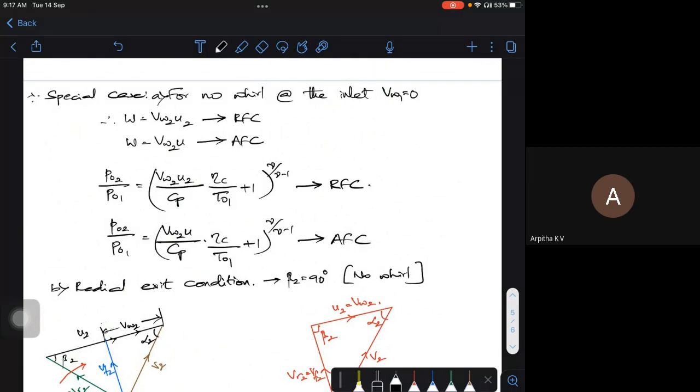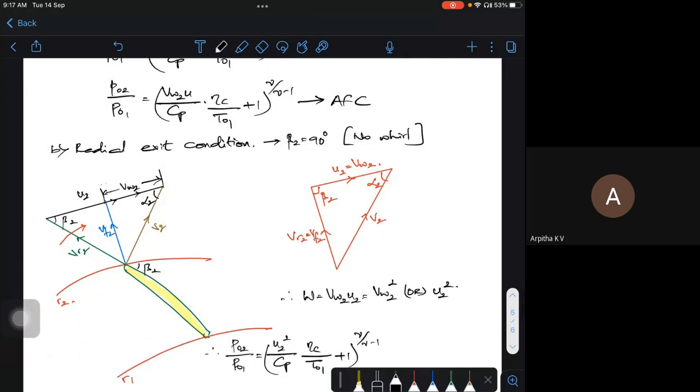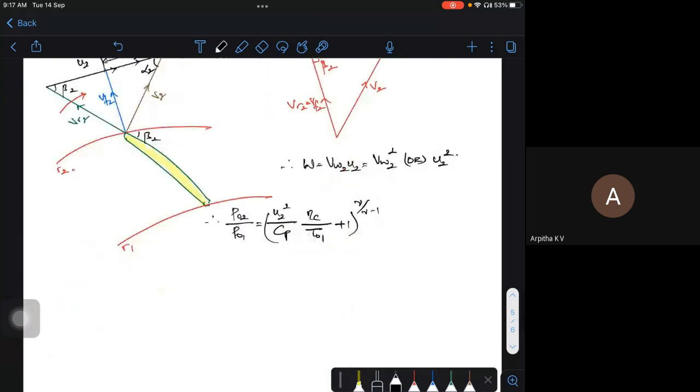The equation will be simply VW2 into U. I don't have any radial exit condition for an axial flow compressor. This is only for the centrifugal compressor or radial flow compressor, the RFC.